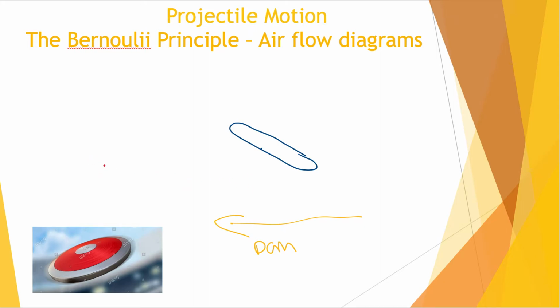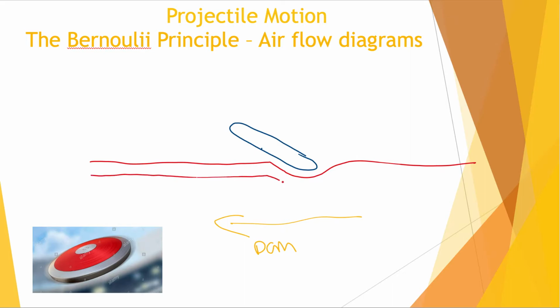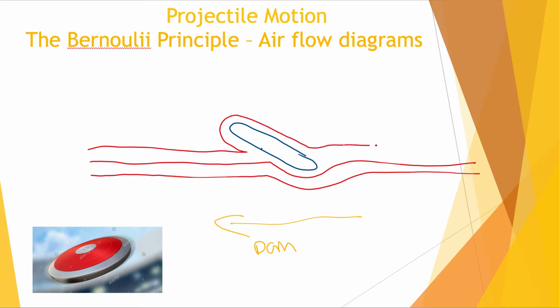So we've got some air hitting the discus here, and it would travel down and then off. This piece of air here would hit the discus and it would be forced all the way up, around and down.